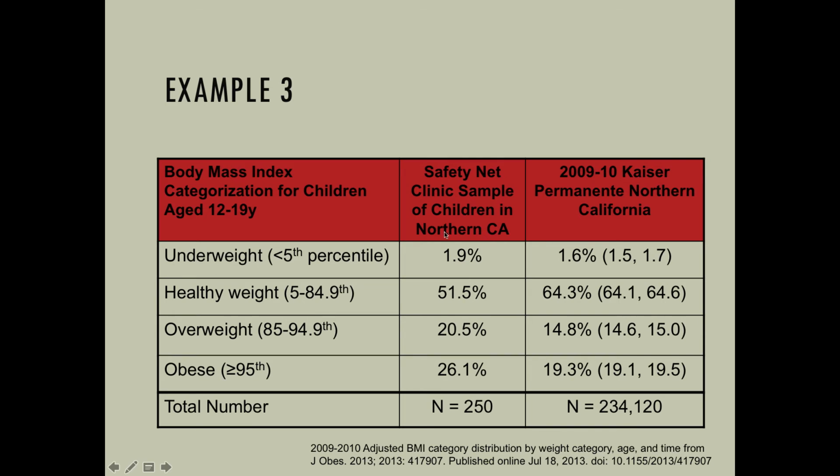So what we're really seeing here is our clinic is more overweight and obese than this sample from all of Northern California. So more of our patients at our clinic are obese and overweight than the whole area of Northern California. So that's what this is telling you. Does that make more sense? Okay.